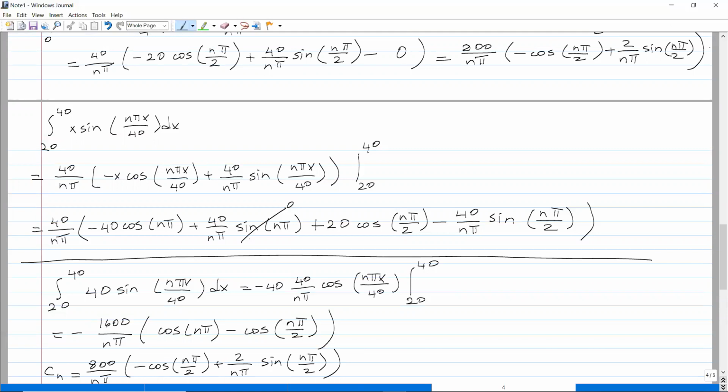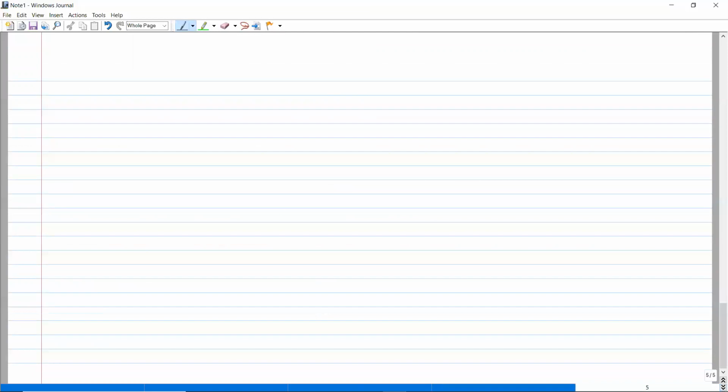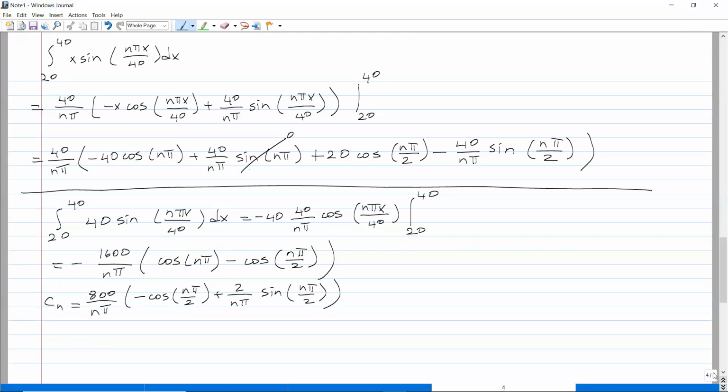And then we have this integral, plus the integral from 20 to 40, 40 sine n pi x over 40. So minus 1600 over n pi cosine of n pi minus cosine of n pi over 2.